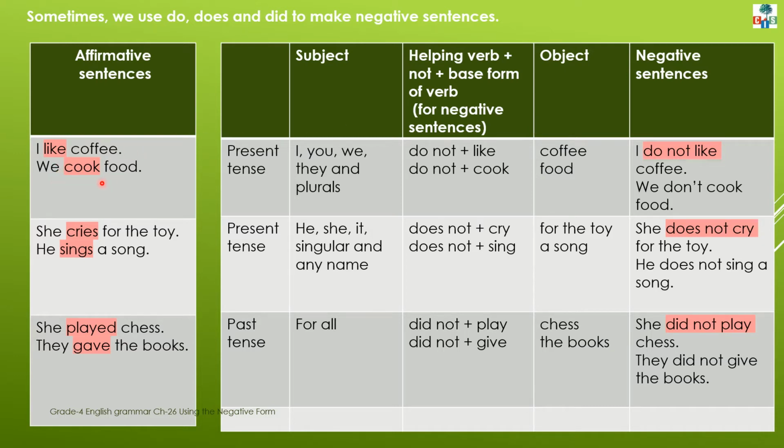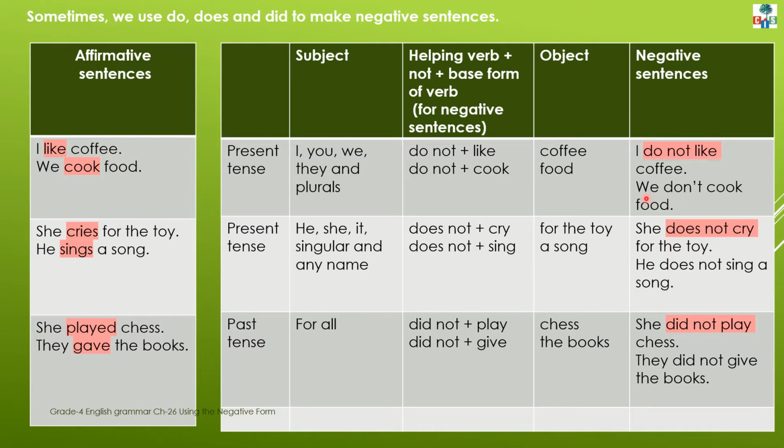See another example. We cook food. Here also no helping verb is there. So what is the verb, children? Cook. When you change this sentence into negative, it would be like this. We do not cook food. Here also I have used don't. Children, don't and do not are one and the same thing.